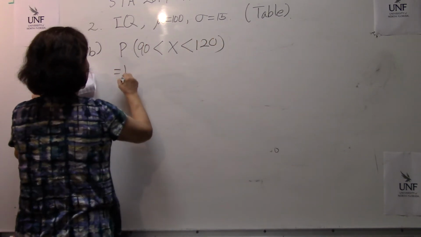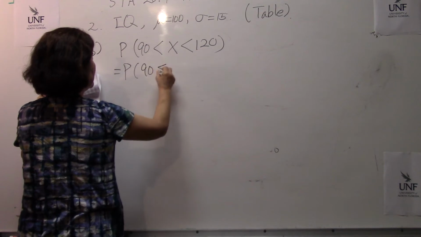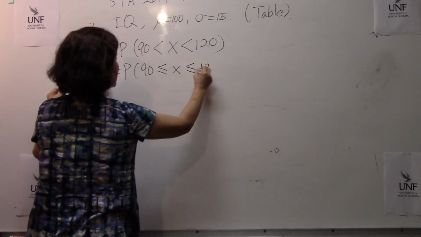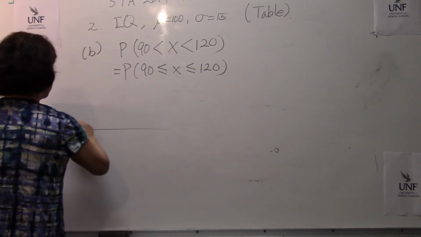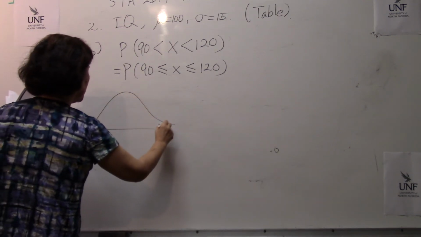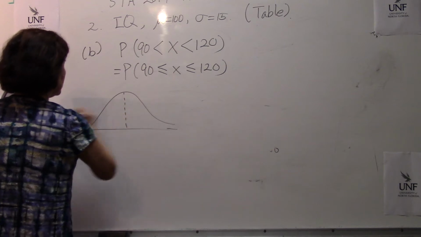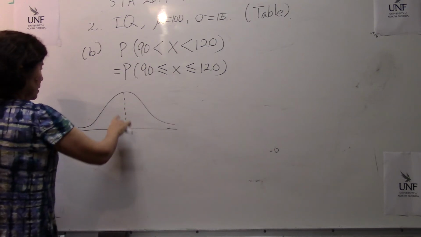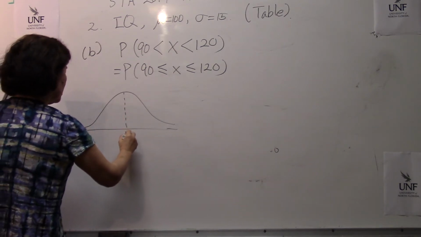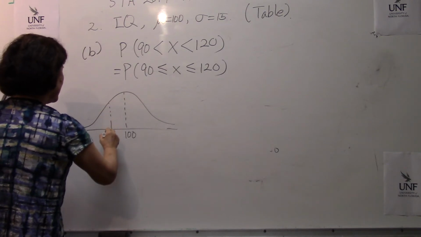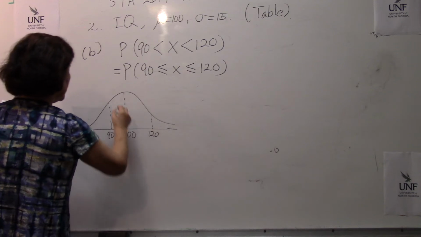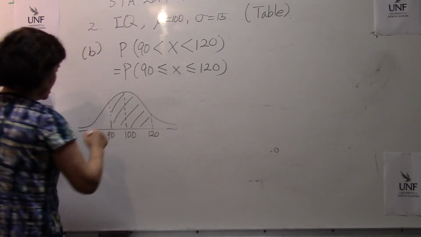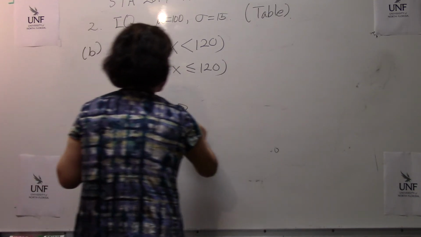Again, we go to the distribution curve over here. This is 100, so this is 90, and this is 120 further from the mean. So the area is this. So we are going to switch to z-score.